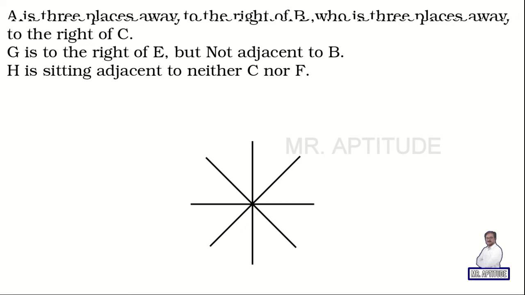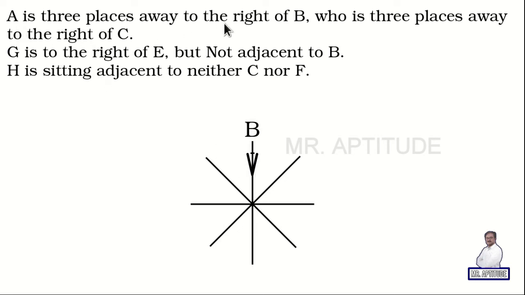We know that A is 3 places away to the right of B. Assume that it's B. So assume that you are sitting in this position and assume that you are facing towards center of the table. Then what will be your right now?